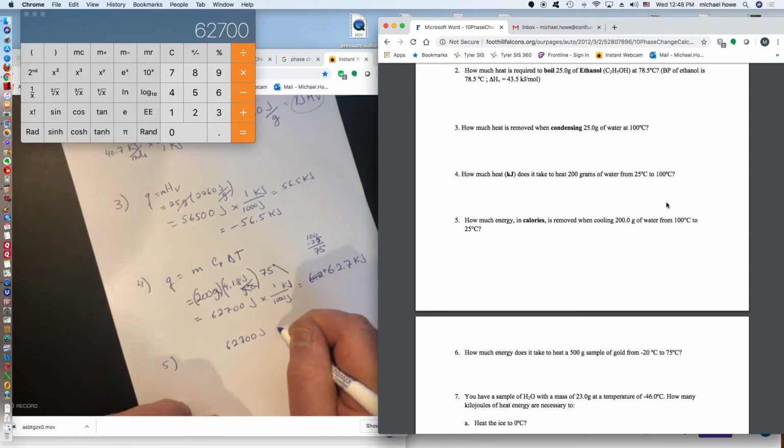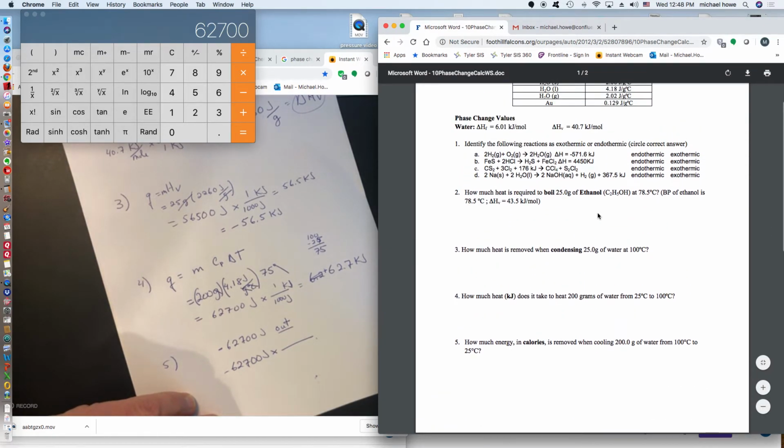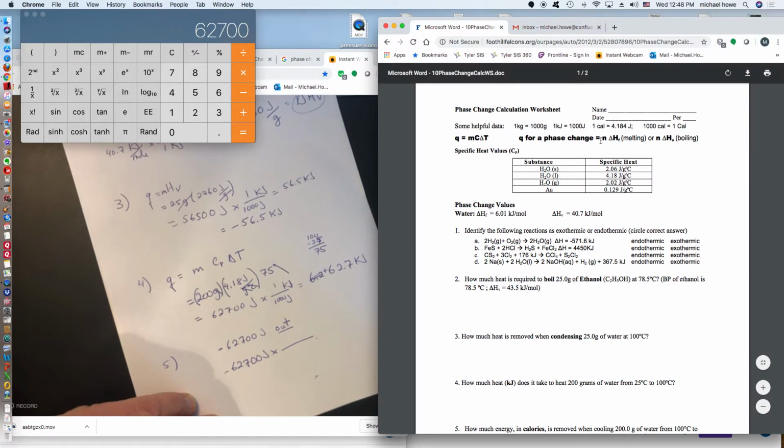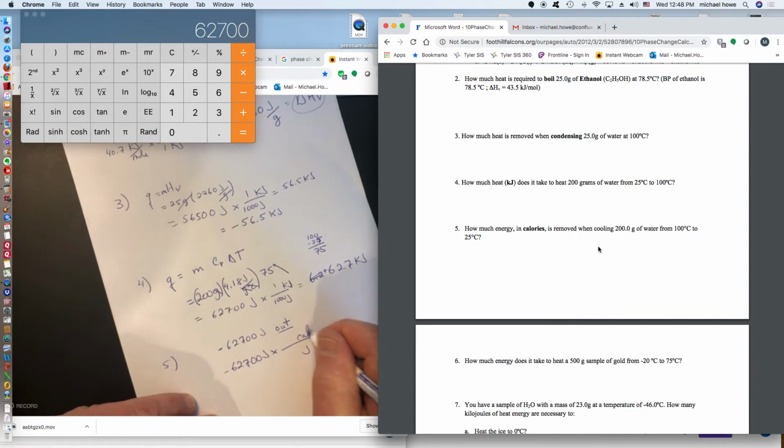So this is joules coming out, so really that's a negative 62,700. At the top of this page, it told us that 1 calorie is 4.18 joules. So we'll just make that change: joules to calories, 1 calorie, 4.18 joules.